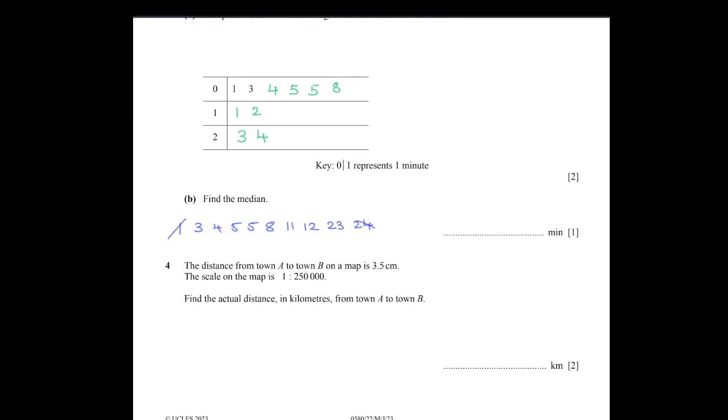Cancel out the extremes. For finding the median we need to do this. We are left with two numbers. So 5 plus 8 divided by 2 will be 13 by 2, which is 6.5. So the median is 6.5 minutes. Question number 3 is done.